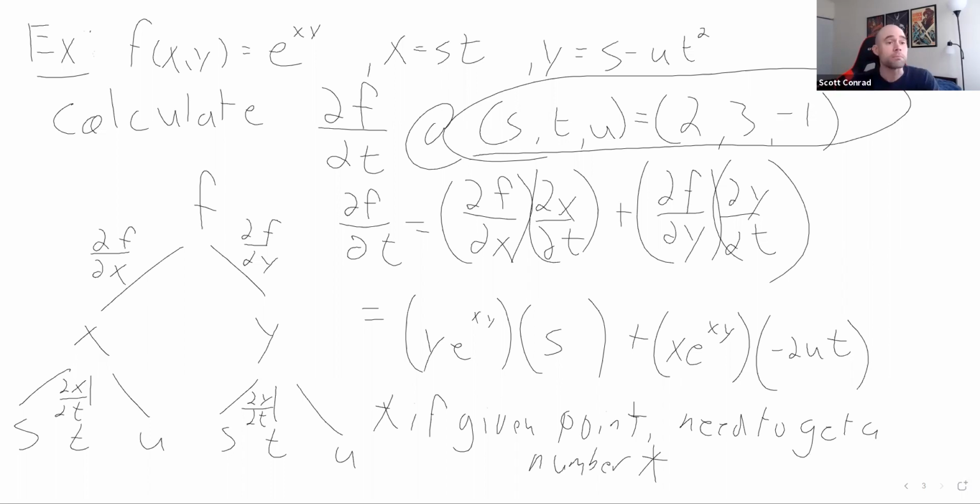I mean a number. There should be no variables involved whatsoever. And let me show you why I'm emphasizing this, because this is a common mistake I see in exams.